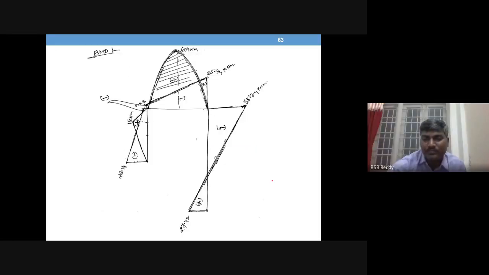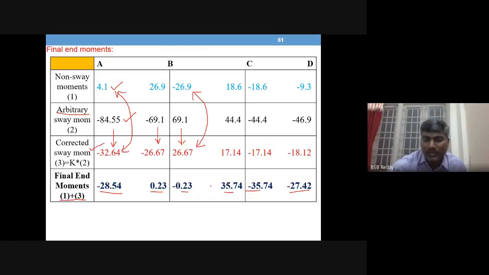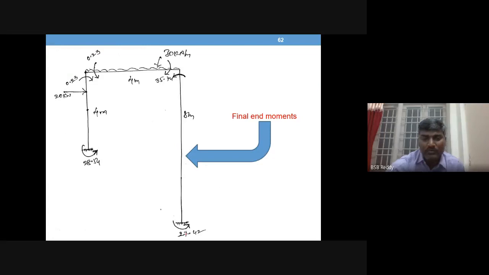Then minus 27.4, minus in the sense anti-clockwise. So for this, how you draw the moment, we have already practiced how to draw BMD. So just draw an arrow from the column line in this direction, which means it is going to push this point outward.